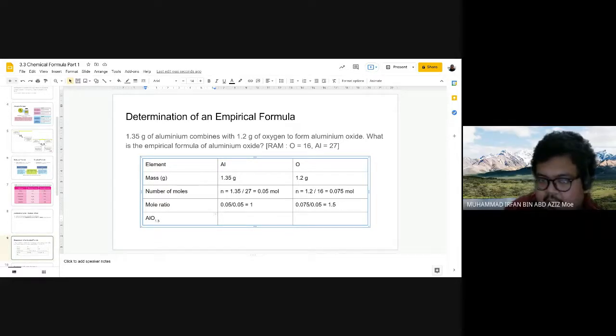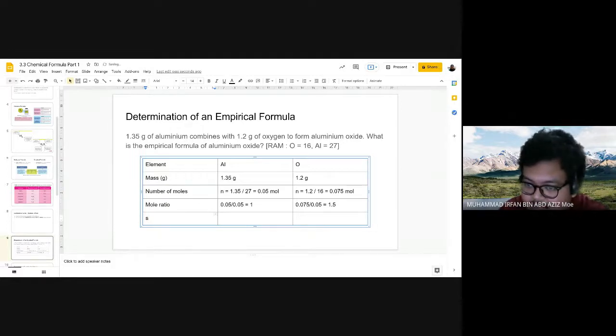Okay, actually it is 1.5, but we need to write it as a whole number, not a fraction. Last time, the box we wrote the simplest mole ratio.